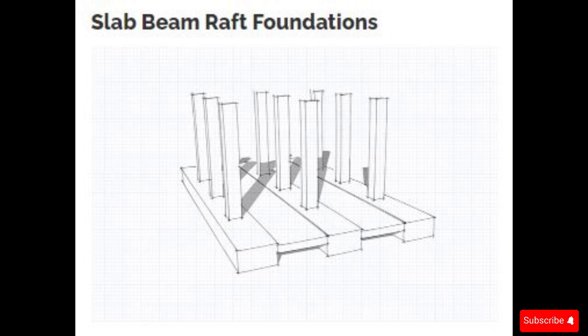This is most suitable for high-rise buildings with substantially more load than the solid raft foundation, and it's ideal for sites where the soil has uneven bearing capacity, where some areas have high bearing capacity and other areas have very low bearing capacity. The beams provide extra strength and stiffness to handle these concentrated loads.